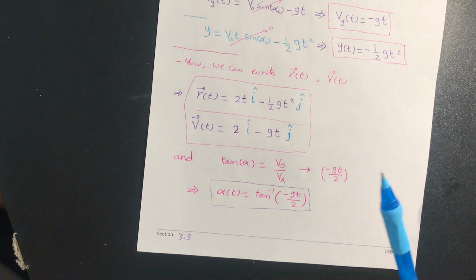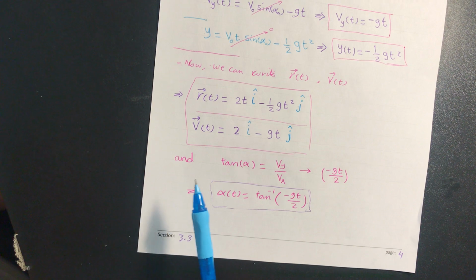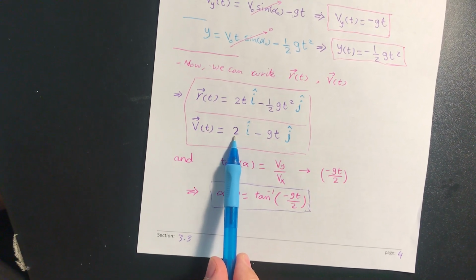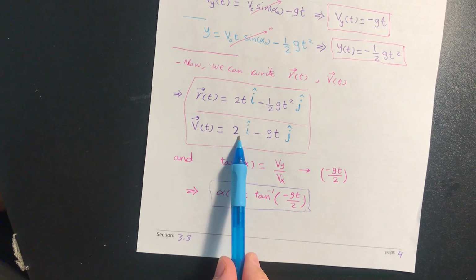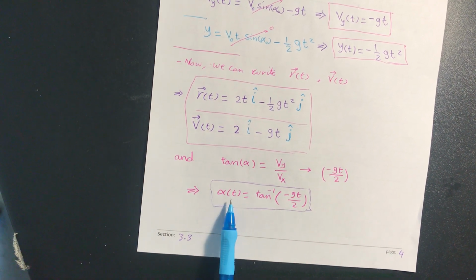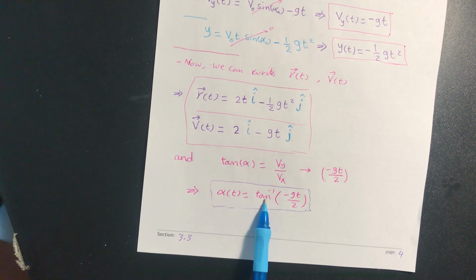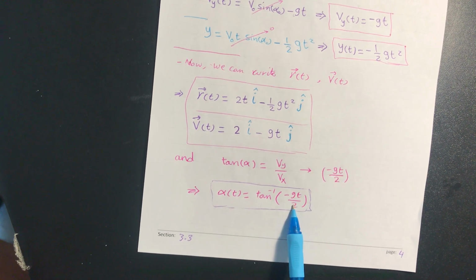What about the direction of the velocity? Tan alpha at any time is equal to Vy over Vx, which is minus g t over 2. So alpha at any time will be equal to tan inverse, or arc tan, of minus g t over 2.